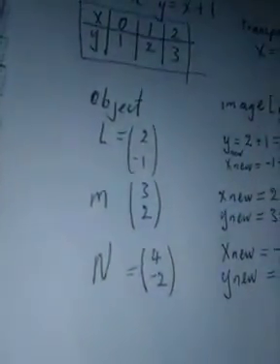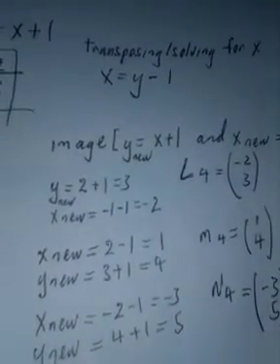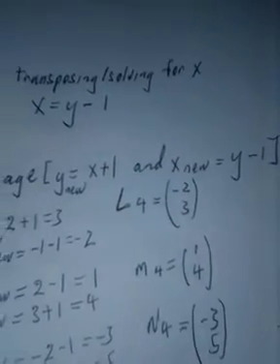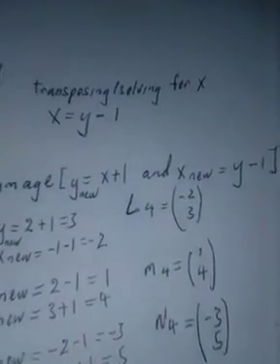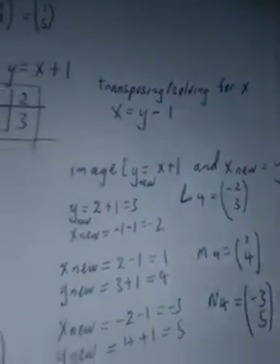Now, I have my old point, my object, and my image. My y new is simply x plus 1, and my x new, I have to solve for x, so I'm going to bring the 1 over, becomes a minus, so x new is equal to y minus 1.